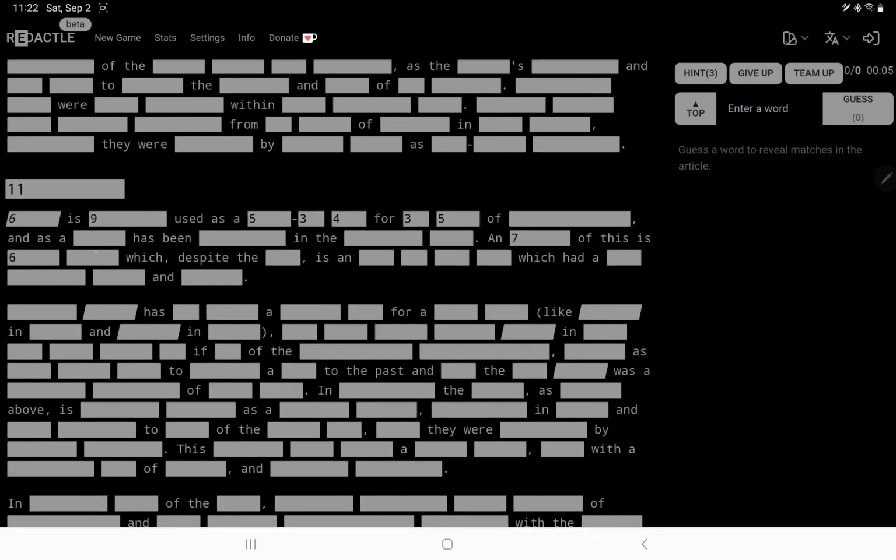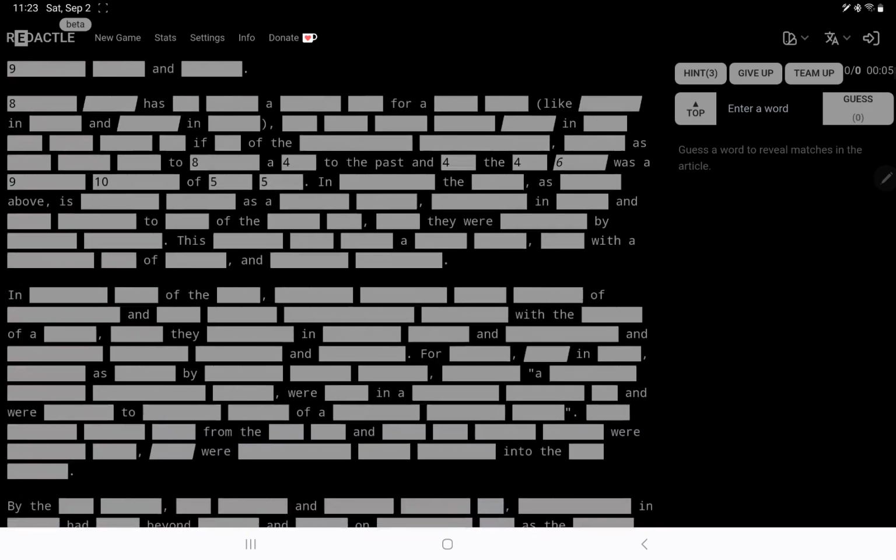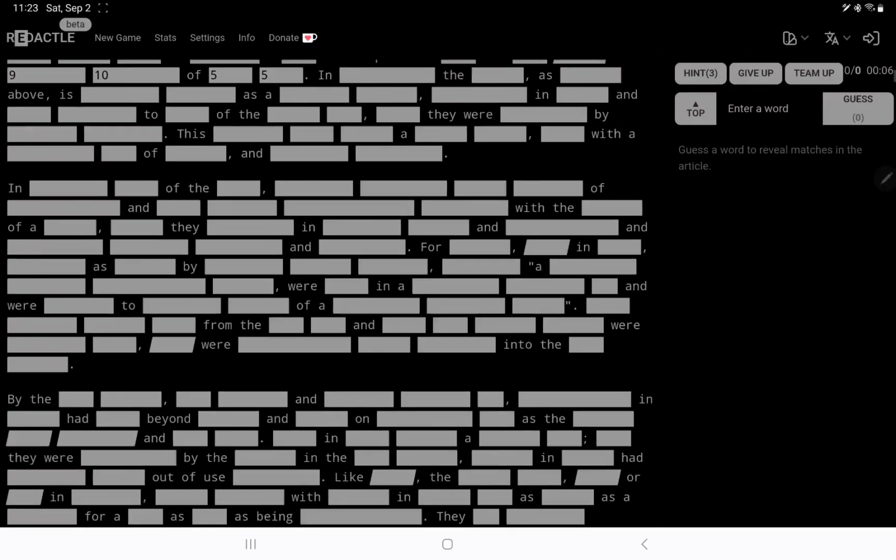An example of this is 6-6, which despite the name, no, to something a blank to the past, and thus the word 6 was a 9-10. That could be important, a link to the past, if it is a link.